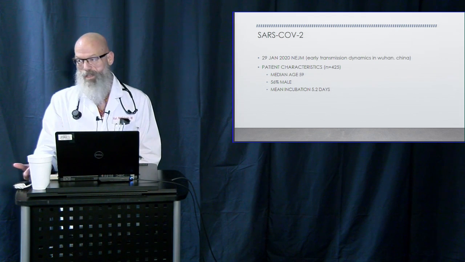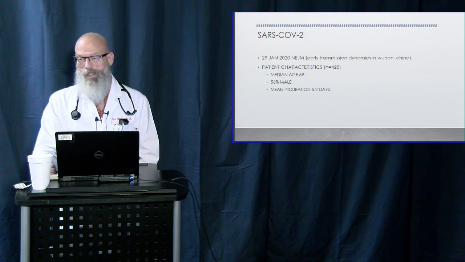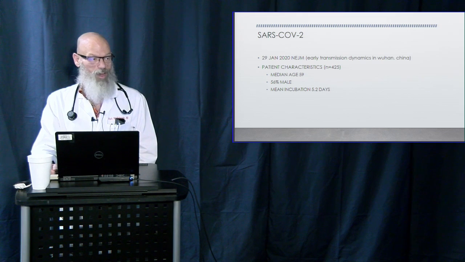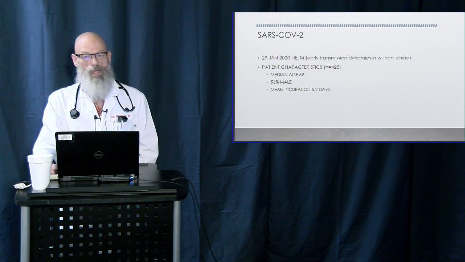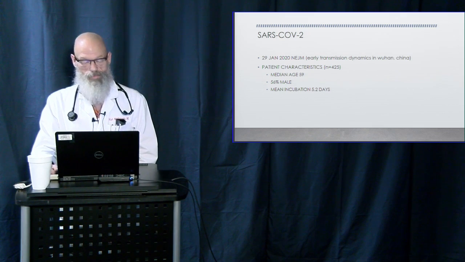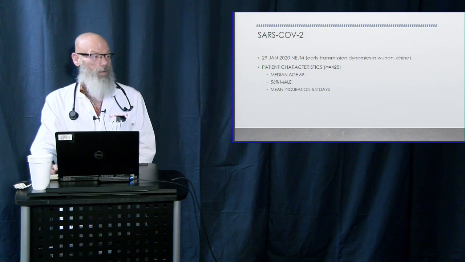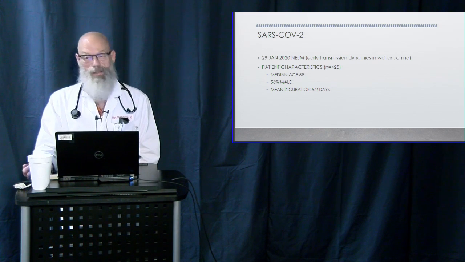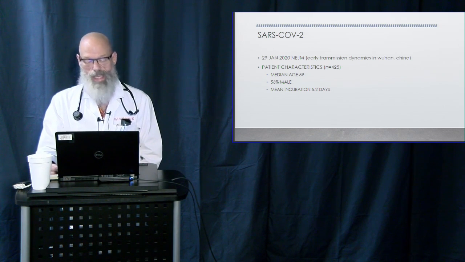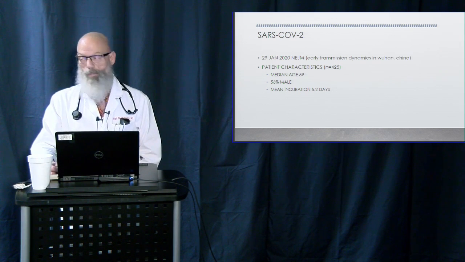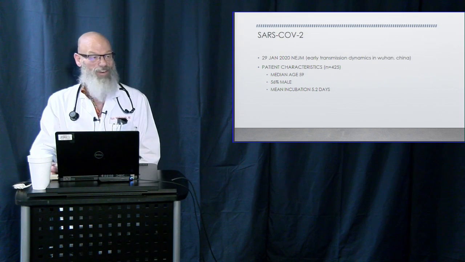As you read about this every day, as you hear about it on the news, on TV, on the radio going home, there's a lot of different talk about people being let out of isolation too soon, which I think is very concerning, and about asymptomatic transmission, which is also concerning. But at least based on these data, we're going to stick to the fact that mean incubation is probably about 5 days or so.